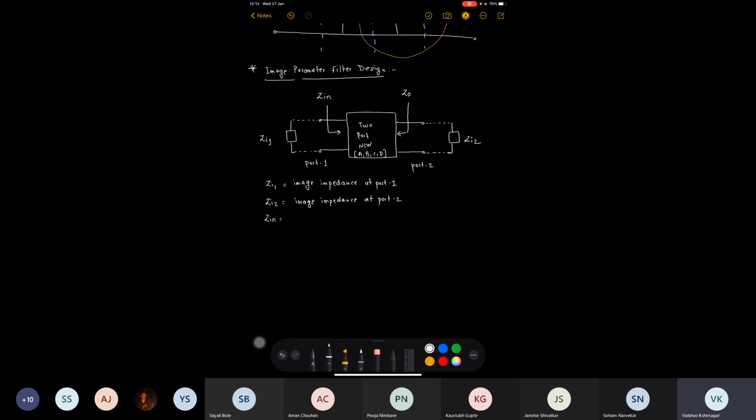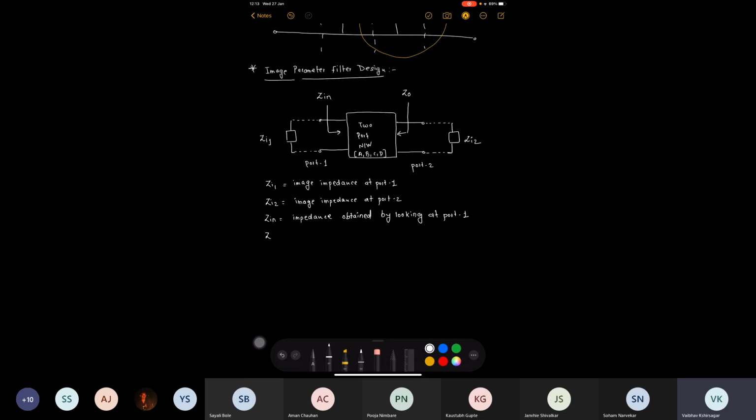So what is Zin? Zin is the impedance obtained by looking at port 1 of the two-port network.